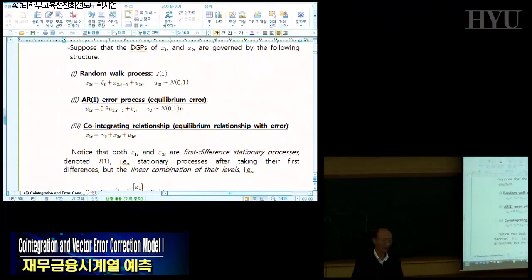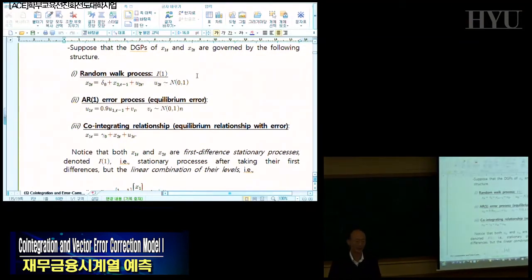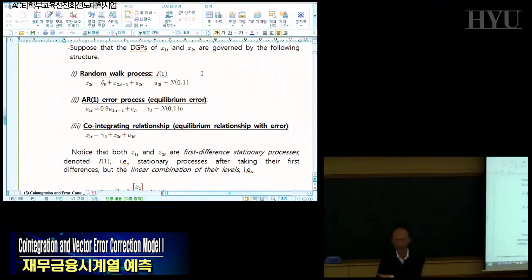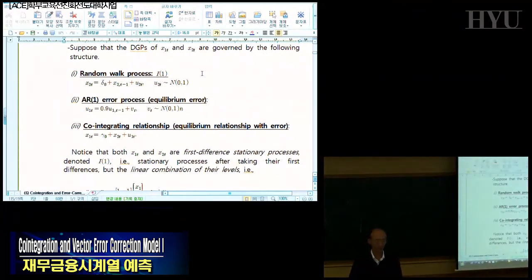Actually, if you build a model where you have the KTB spot rate as one series and a spot rate derived from corporate bonds, which is a risky bond, right? Treasury bond is a riskless bond, and a corporate bond issued by a firm, a company, is a risky bond. The difference between these two rates at a particular point in time is the spread, or we call it the credit spread.